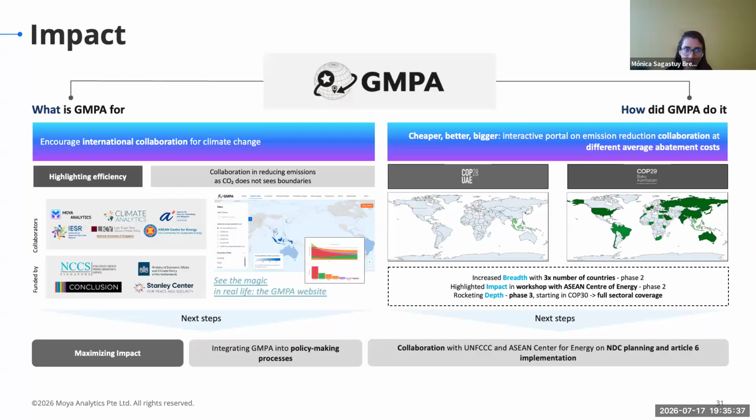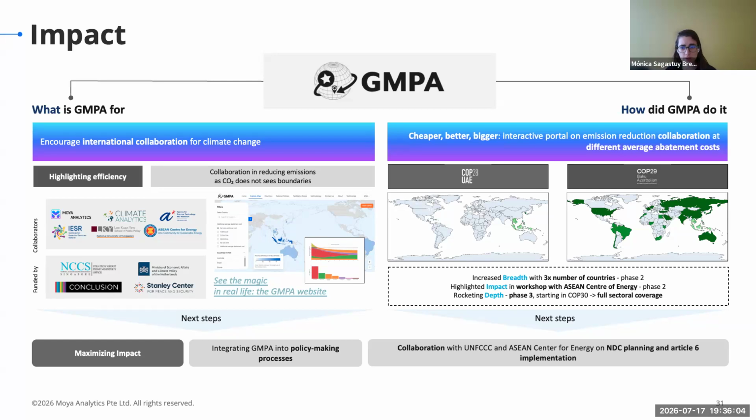On a concluding note, for the impact of what Stevens may be applied for and the GMPA, as a reminder, a brief note of what this tool is for. The Global Mitigation Potential Atlas is in general to encourage this international collaboration. As we saw a few lectures ago, the best resources are not necessarily found where they are needed.